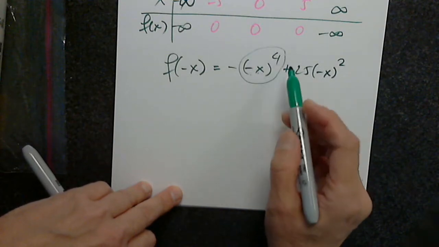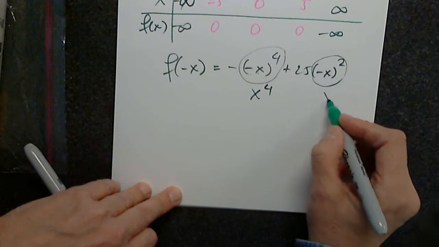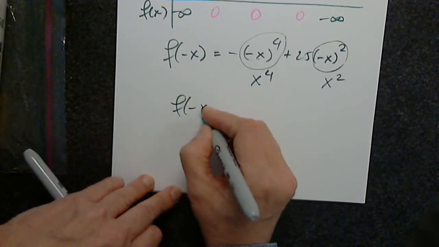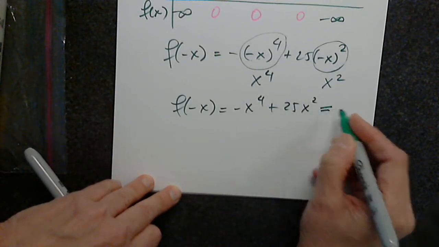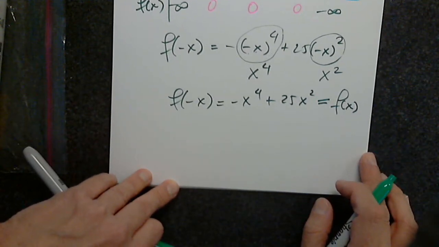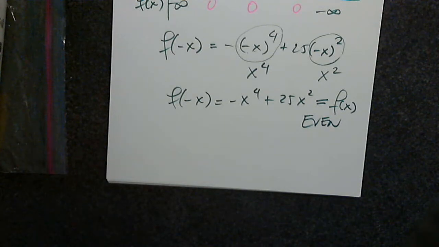This becomes, it's squared. So then f of negative x is negative x to the fourth plus 25x squared, which equals or does not equal the original function. It does. So it's an even function, symmetric with respect to the y-axis. Great job.